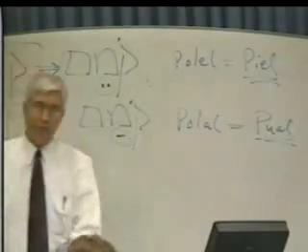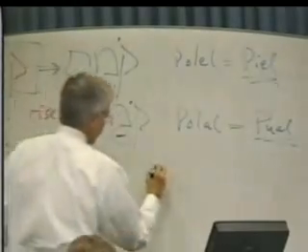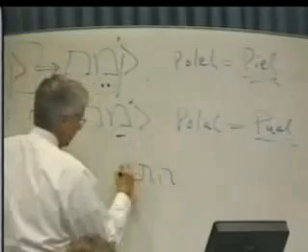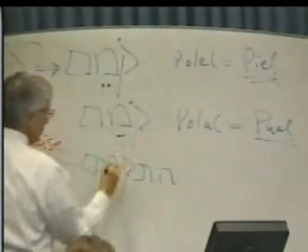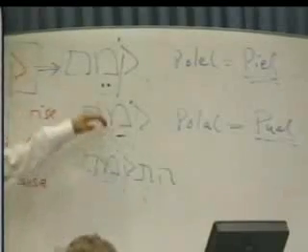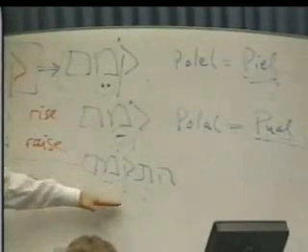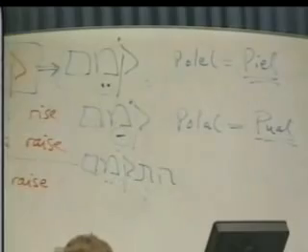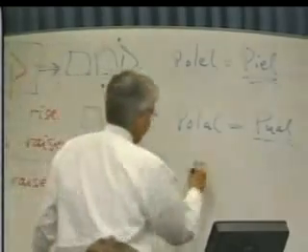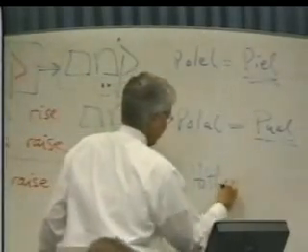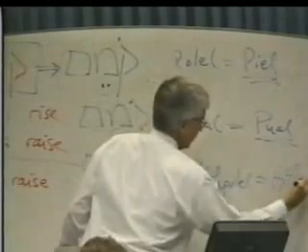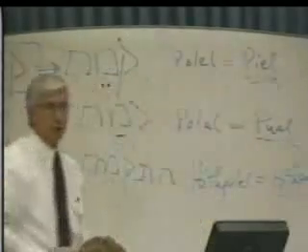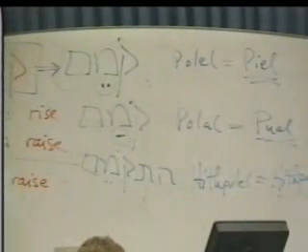And I'll bet you can figure out that there's also a Hithpolel, or if we were working with the verb kum, it would be hithkomem. And this is the so-called Hithpolel, which is a substitute for the Hithpael, as you already had figured out.